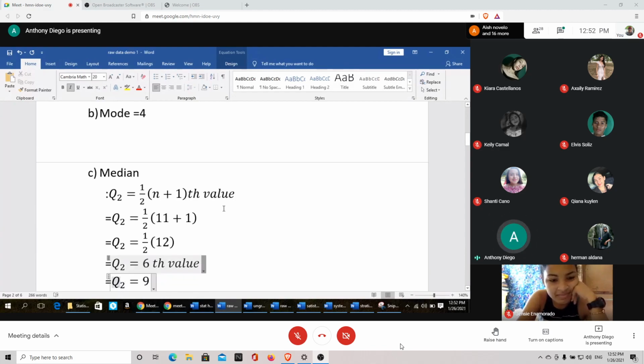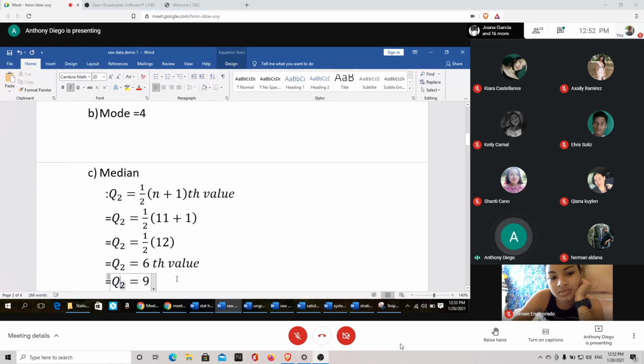So this is your answer. Q2 is equal to 9, which is the 6th value. If you only give me the 6th value, that will be wrong, and worse when you go and find other things that you need the median for, because 6 is far different from 9. So remember, this is the 6th value.